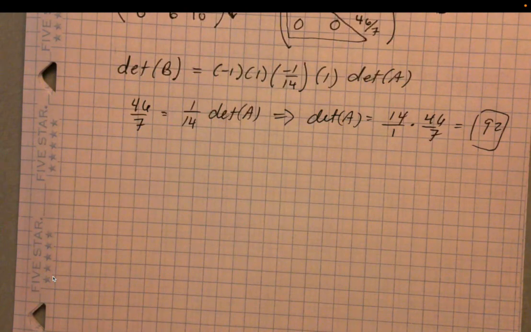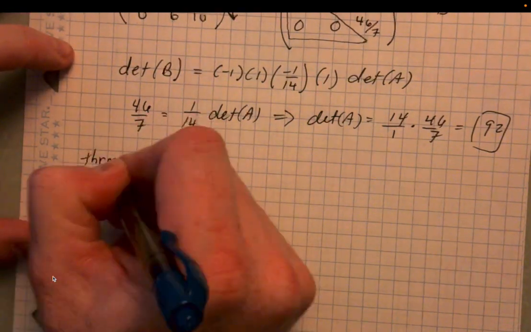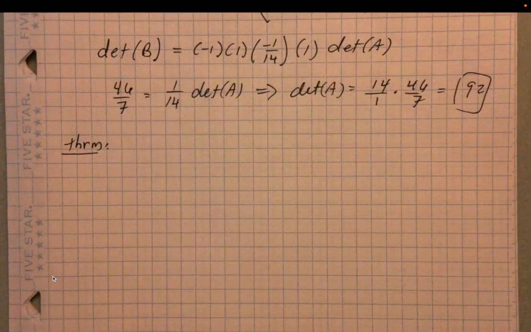And so one last thing we want to talk about is this theorem. So this theorem is going to give us an alternative way of determining whether an inverse exists. And it's going to do it via the value of the determinant, right?